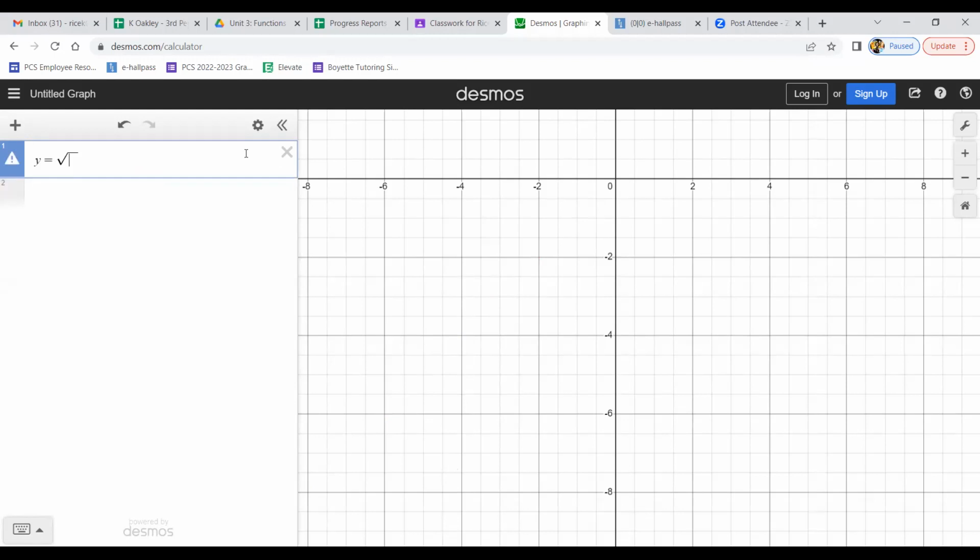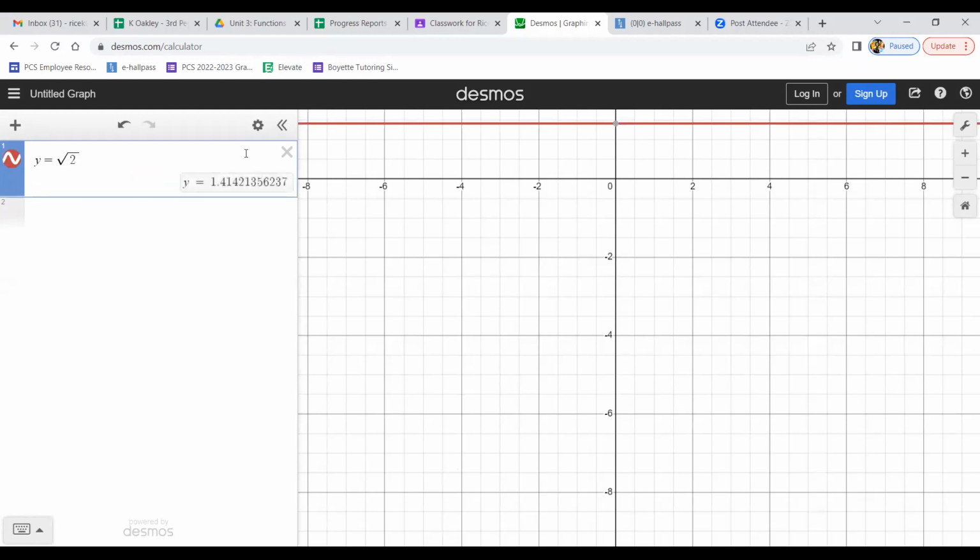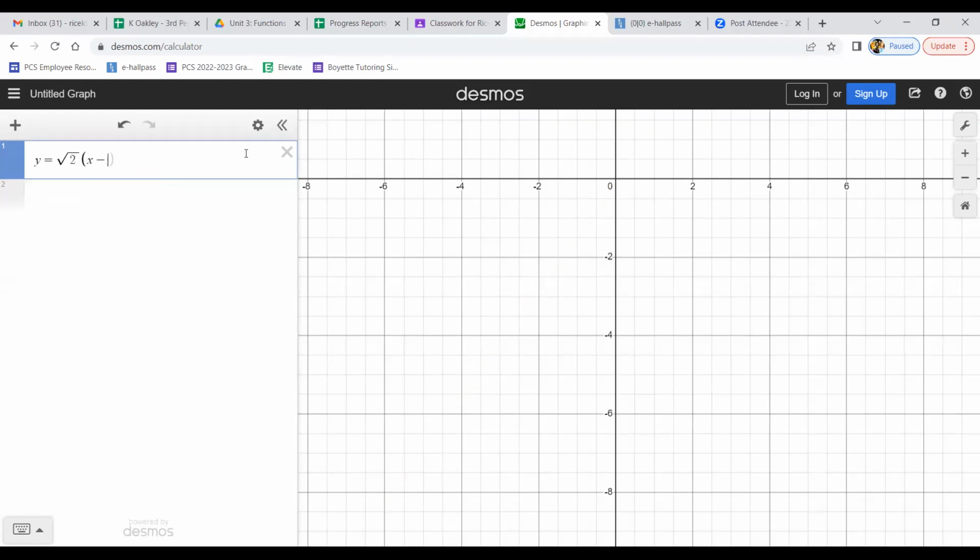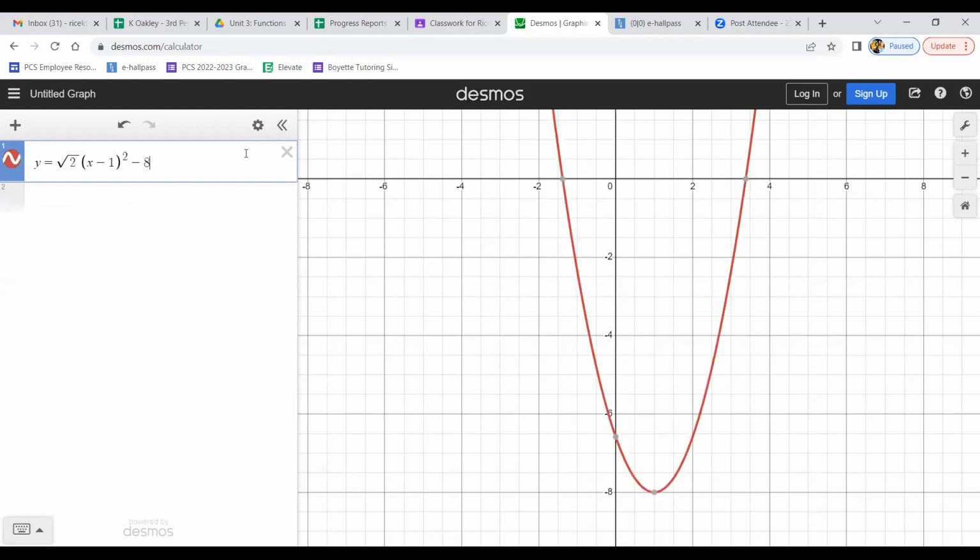Isn't that cool? No? I don't know. Okay. Square root 2 x minus 1 squared minus 8. And we'll get our x-intercepts and our y-intercept.